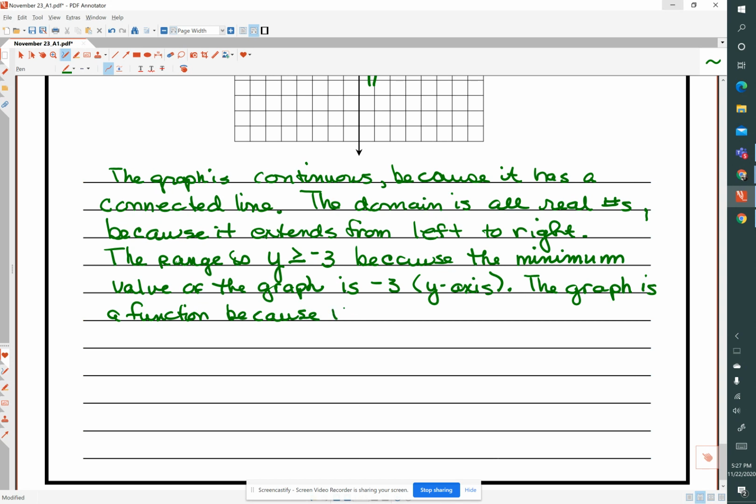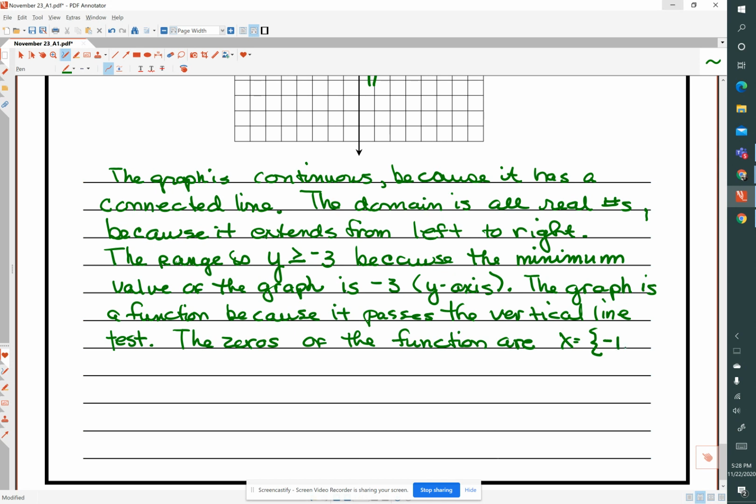Yes, because it passes the vertical line test. Okay, and then the zeros of the function are x equals, if you remember correctly, -1 and +2.